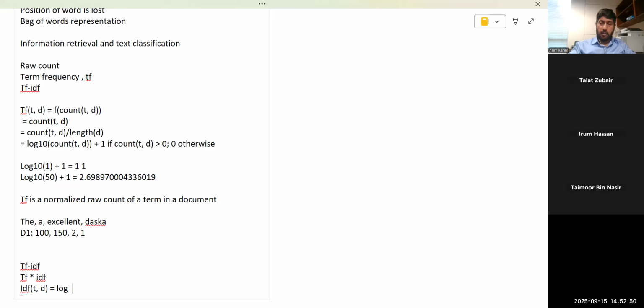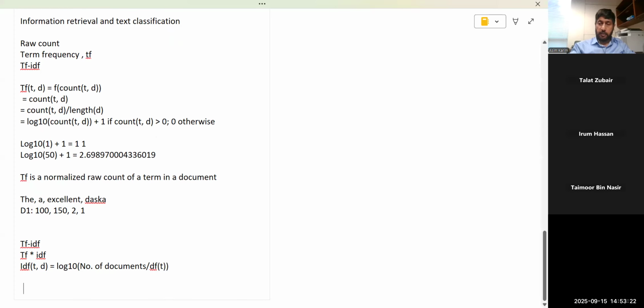So this is again log 10 of the number of documents in the corpus divided by the document frequency of term T. So N on top is the number of documents, and below is the number of documents that contain T. So this is the inverse document frequency. But on this we have applied a log, again just to squash it out. So TF-IDF is basically TF times IDF.